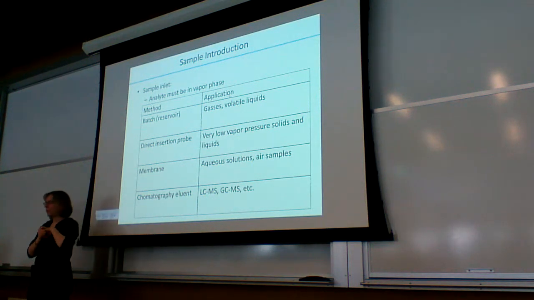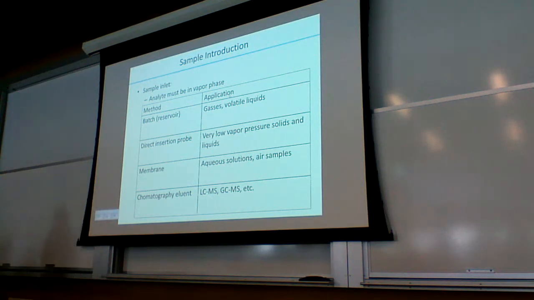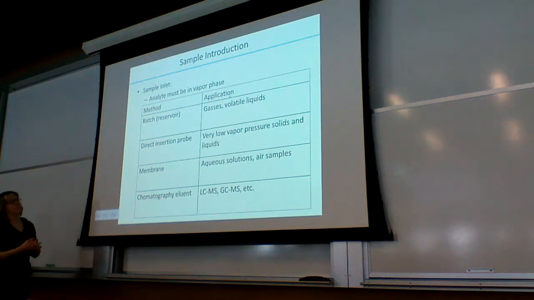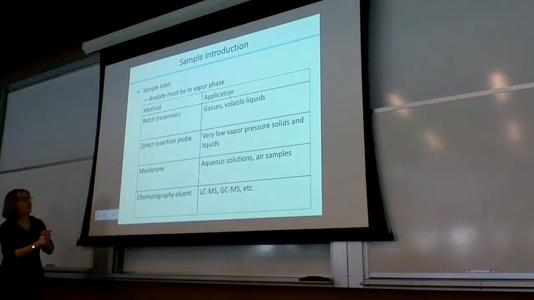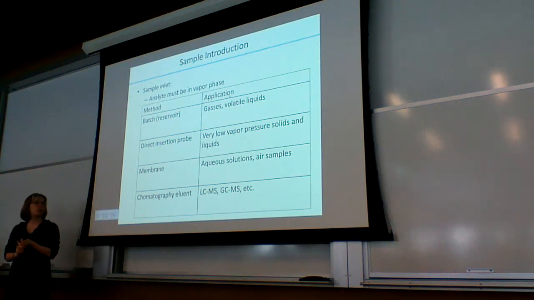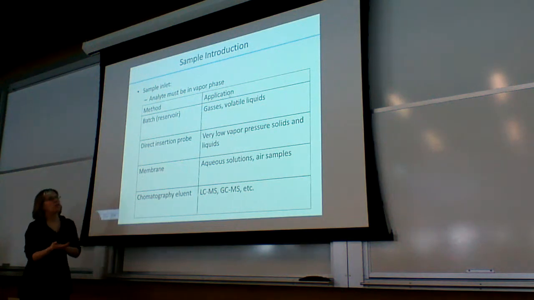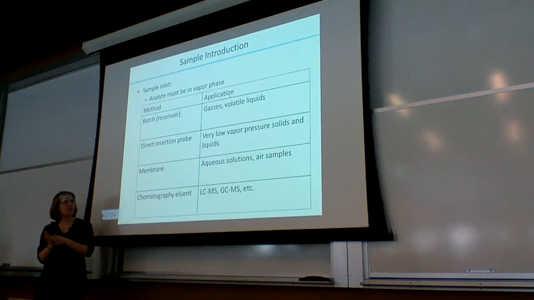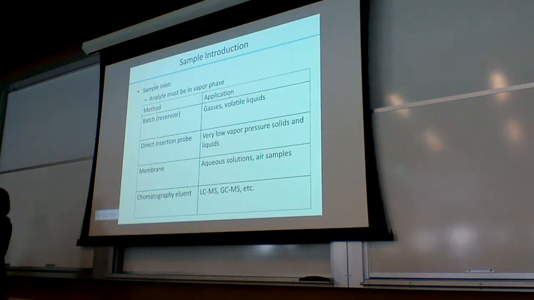It also works for very volatile liquids. So these are your small molecules. The direct insertion probe is also useful for very low vapor pressure solids and liquids. This can happen with a lot of smaller organic molecules.